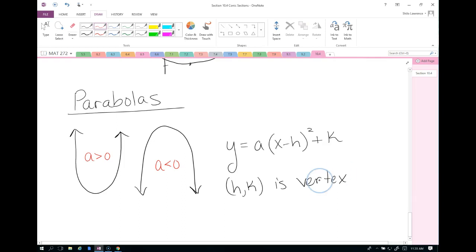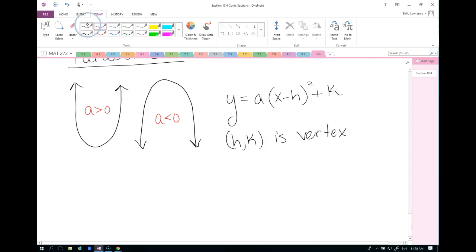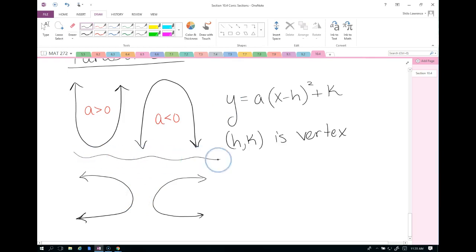So this much, at least so far, you may remember from algebra class, but we could also have parabolas that open left and right, and their formulas are similar, but we switch all of the x and y parts. So when a parabola opens vertically, it's solved for the vertical variable, which is y. When it opens horizontally, it's going to be solved for the horizontal variable, which is x.